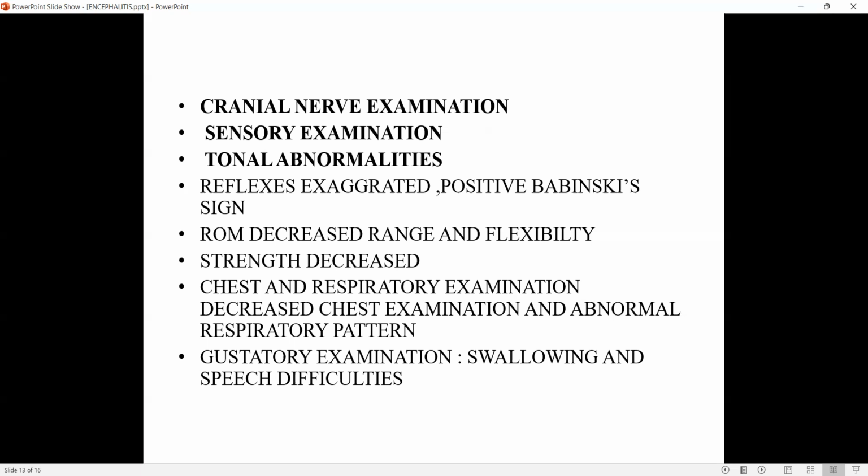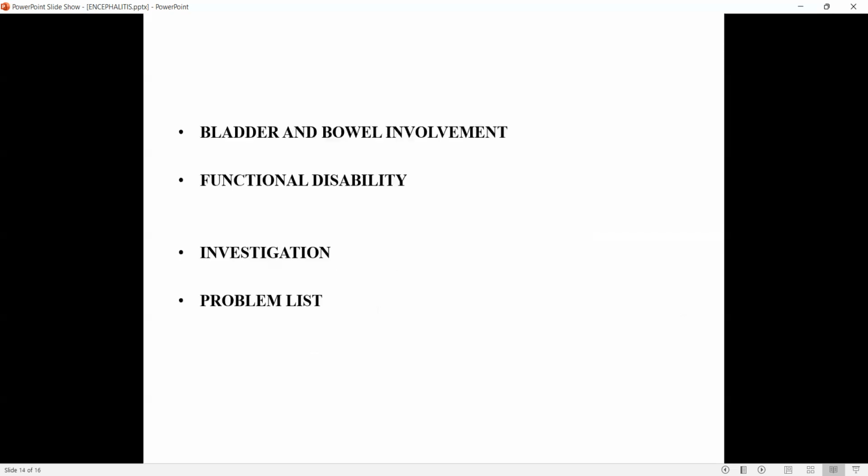Accessory, the shoulder shrug. Hypoglossal, the tongue movement. That was the cranial nerve examination, all twelve nerves. Then the bladder and bowel involvement, functional disability, investigation, and the problem list.